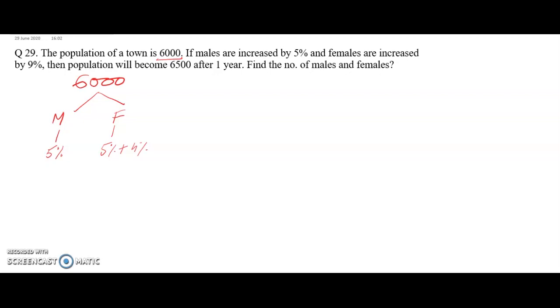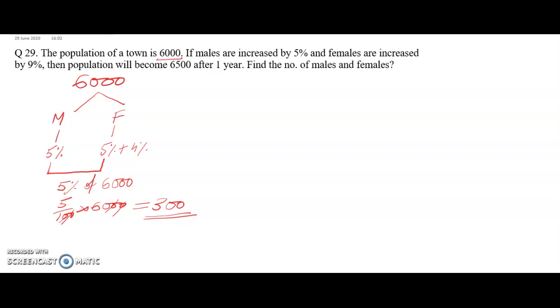Now if we see this, 5% is common for male and female. So if we say 5% of the population is increased, that will be 5% of 6,000. So 5% of 6,000 will give us how much? 300. So 300 is increased if we take 5% male and 5% female.